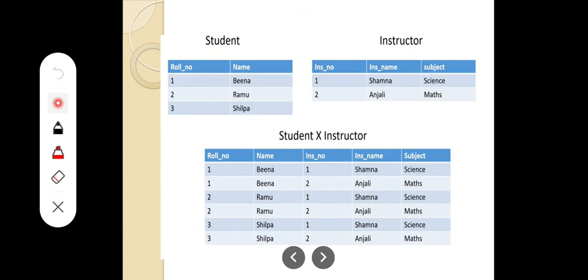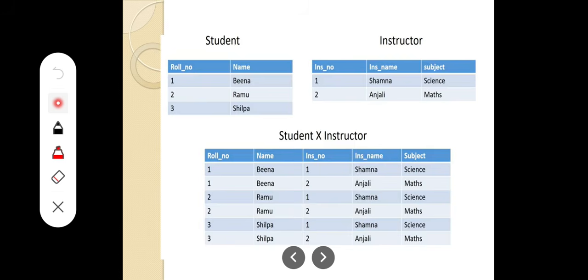The main drawback of this cross product is that redundant values occur. Look here, 1 Bina has occurred 2 times, 2 Ramu 2 times, 3 Shilpa 2 times. Also, Shamna Science occurred 3 times, and Anjali Max occurred 3 times.